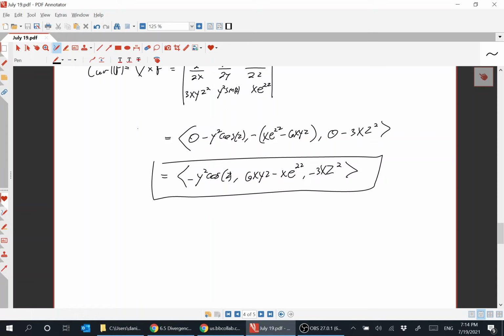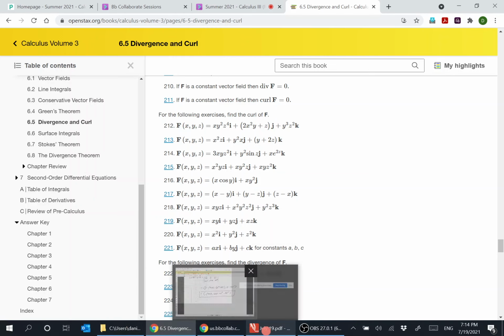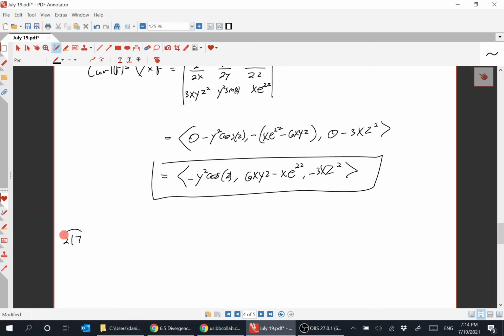All right, so that was 214. 217. Calculate the curl of this one, where f is equal to x minus y minus z minus x.